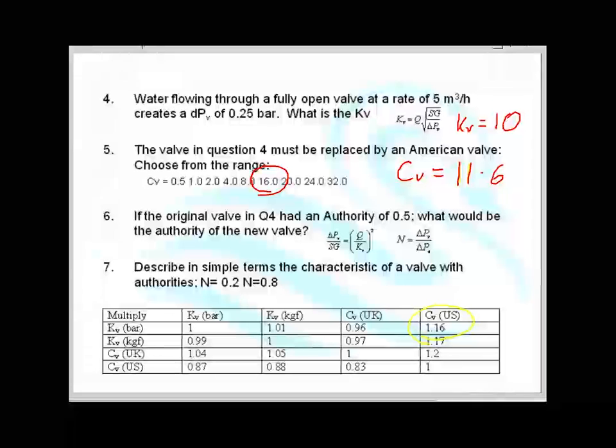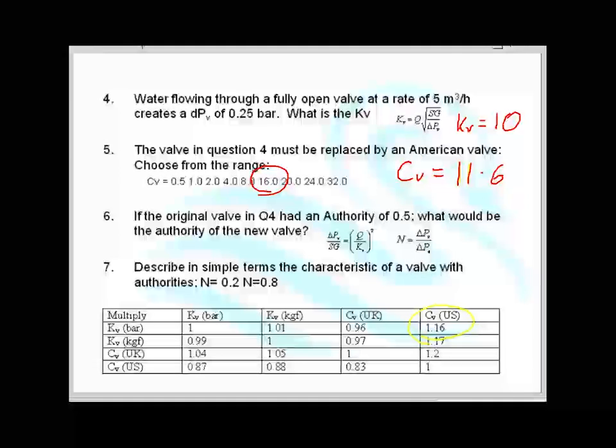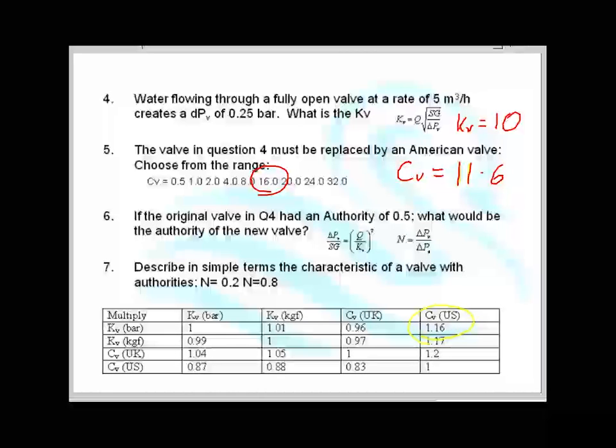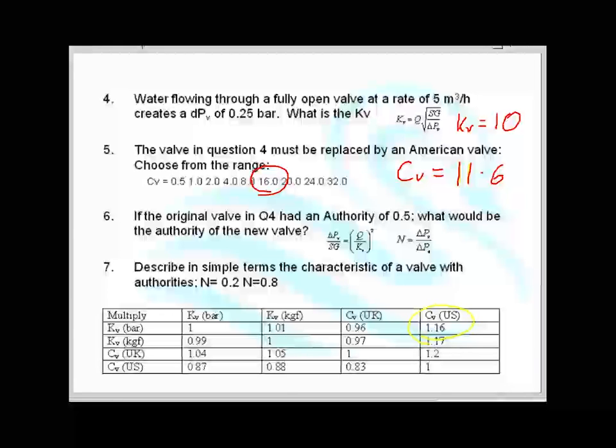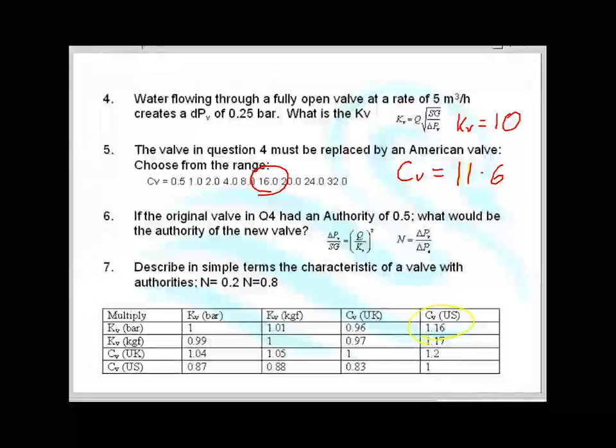They don't make a valve which is 11.6, so we have to go to the 16. There are huge jumps between valve sizes, which is why it's okay to be wishy-washy with our calculations, because we don't have to be too exact. Even if we were silly with our calculations and we made it 14.7, we were still going to buy the 16.